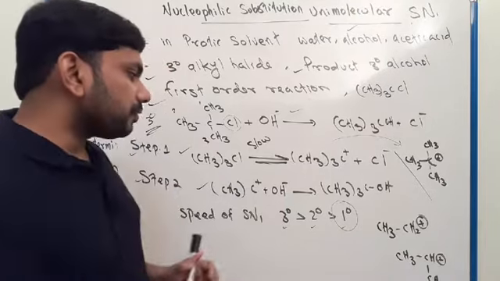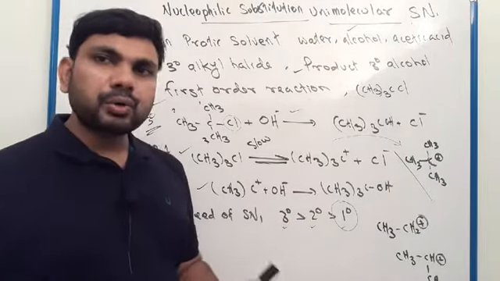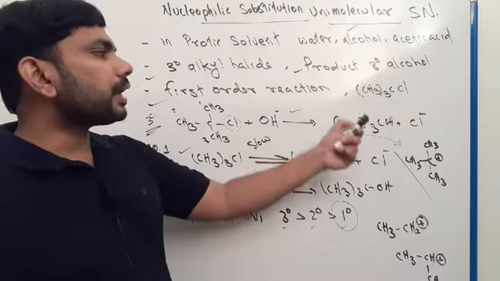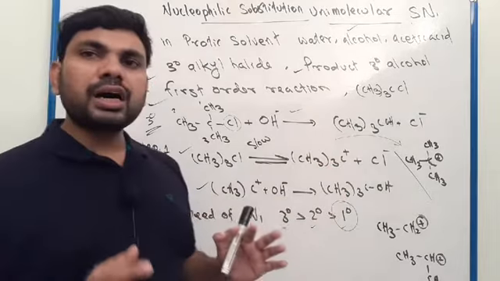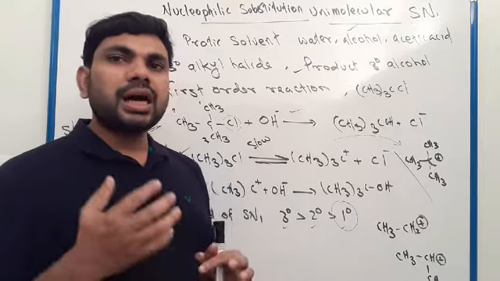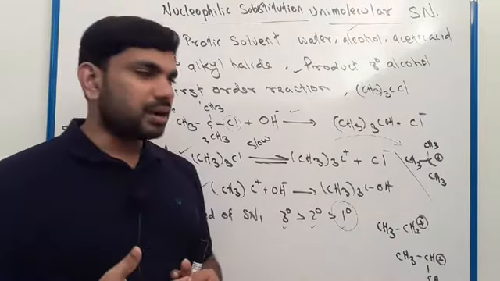The order of reactivity is tertiary, secondary, primary, because a carbocation is formed during this reaction, and the tertiary carbocation is more stable, so the SN1 reaction of tertiary alkyl halide is faster.